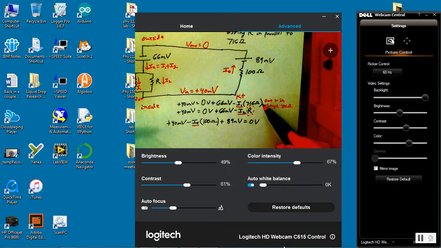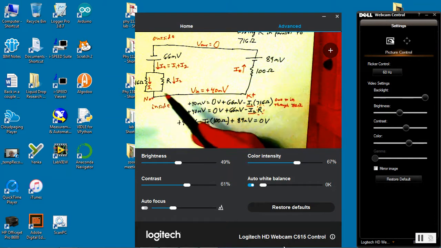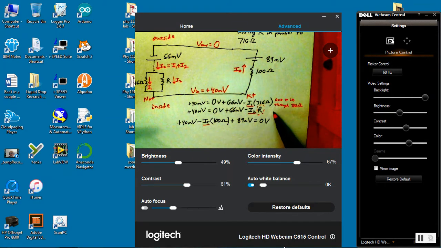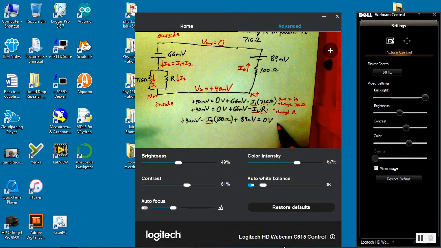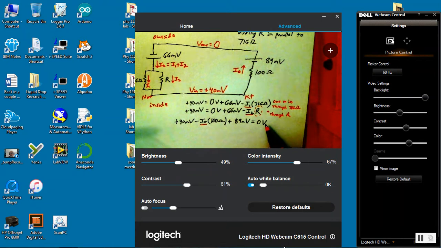And it's using what happens when you follow a path to the voltages. They add up. This one, going from outside to inside through the unknown resistor. And this one, I'm going from inside to outside through the potassium.